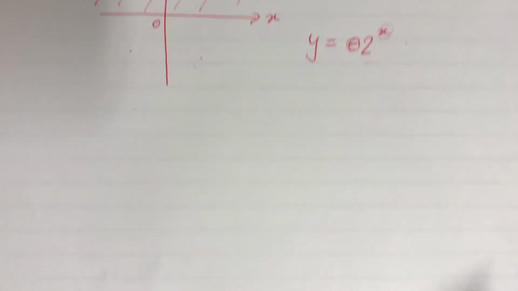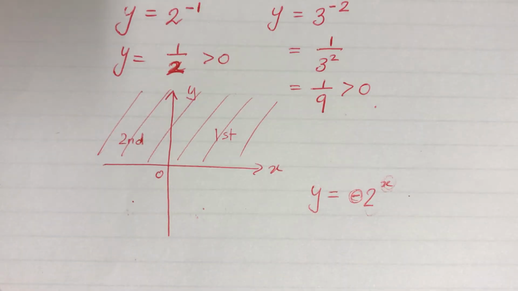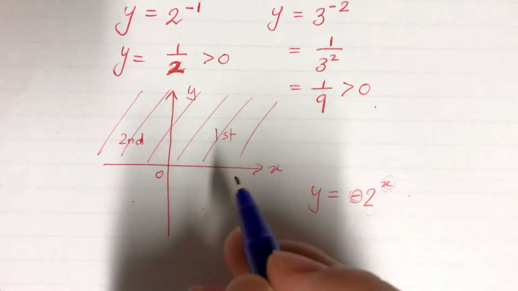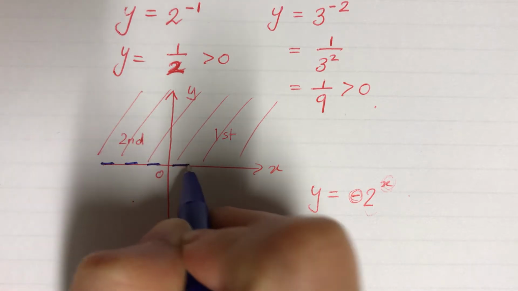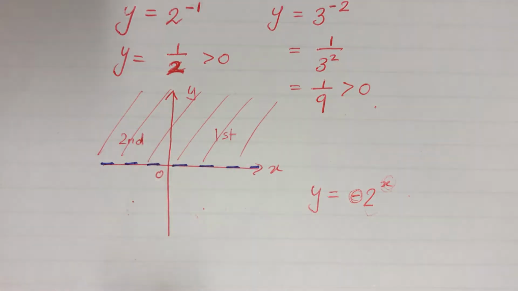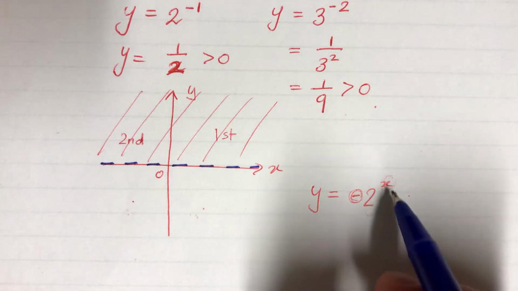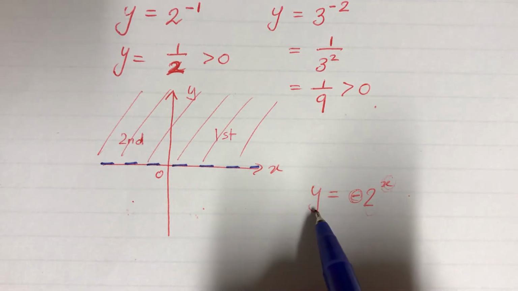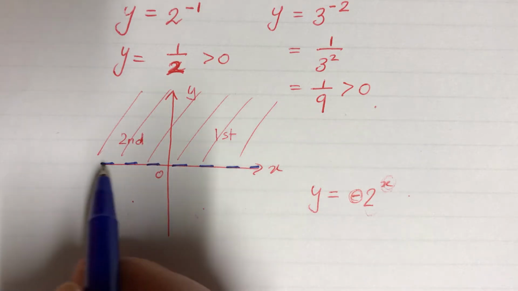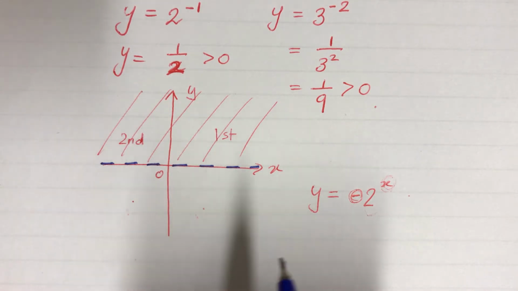So another thing about the exponential curve, we'll have an asymptote. The asymptote will be y equals 0 here. That's our asymptote, because whatever the x values, y will never be 0. It'll go close to 0, but it will never be 0.